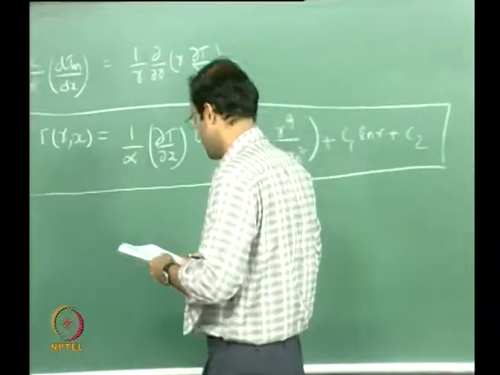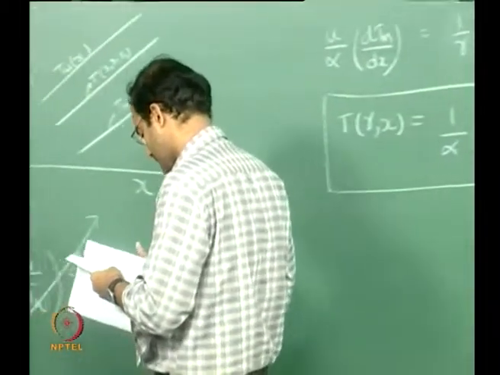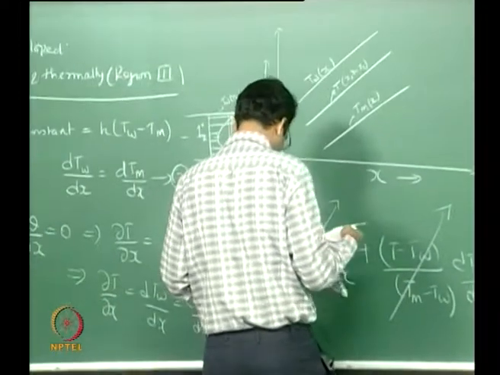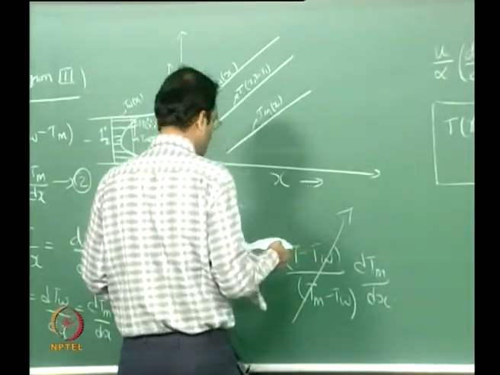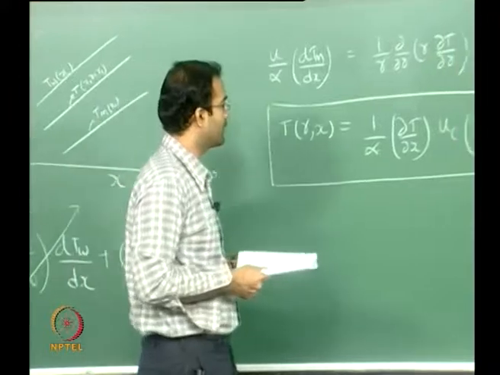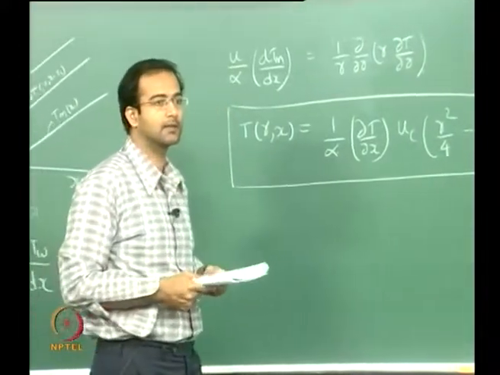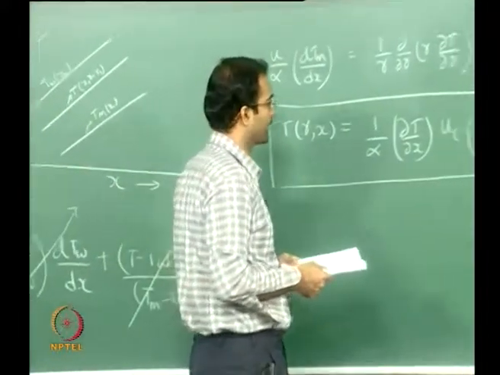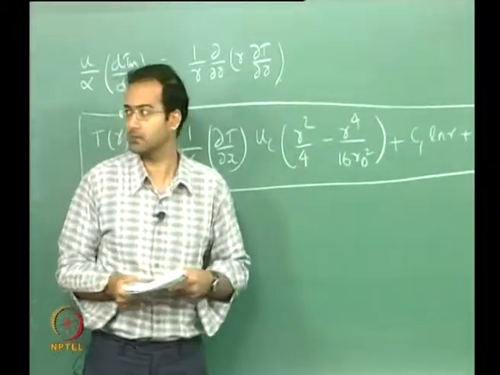Okay. So now we have to find the constants C1 and C2, and in order to do that we have to apply boundary conditions. Once again, two boundary conditions are required. So what are the two boundary conditions?